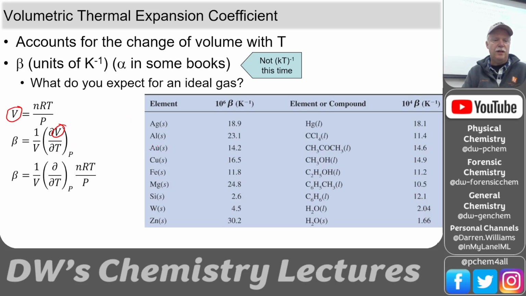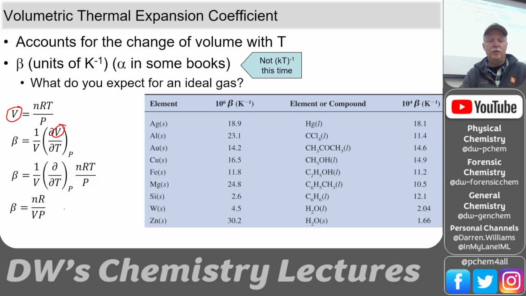This is pretty straightforward. The volume is temperature to the first power, but we have a 1 over volume in front of that operator. So this is nR over VP, and this is the volumetric thermal expansion coefficient.